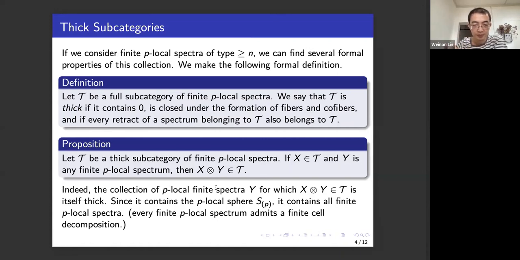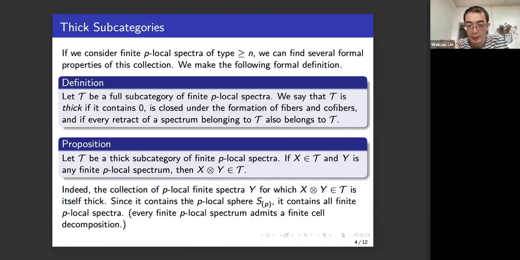I mean, all Y such that X tensor Y is in T also forms a full subcategory which is thick. It's not trivial, but if you think about it, it is not hard.